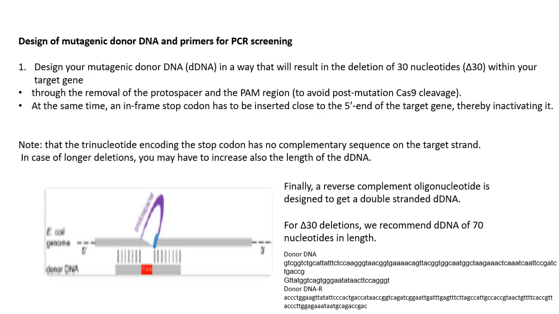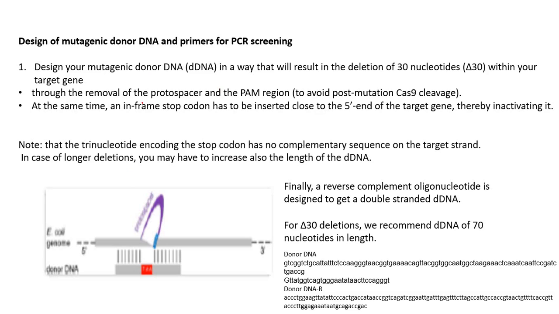So here, what you can see, you are providing the donor forward and the donor reverse, and instead of the protospacer and the protospacer adjacent motif that you have deleted, you have added the stop codon, and that stop codon has no complementary sequence to your target gene.